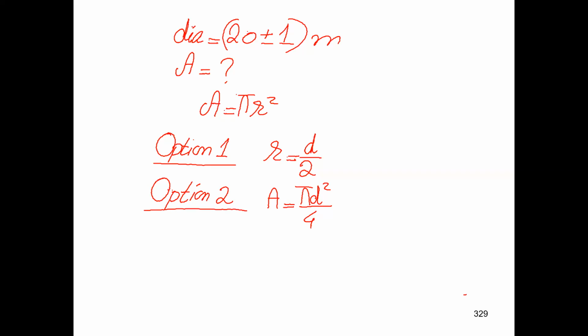So I have two options. First, I can convert diameter into radius, or I convert the formula. It is better to alter the formula, because if you divide 20 by 2, that's no problem. But you cannot divide 1 by 2, because you can't change uncertainty numerically.